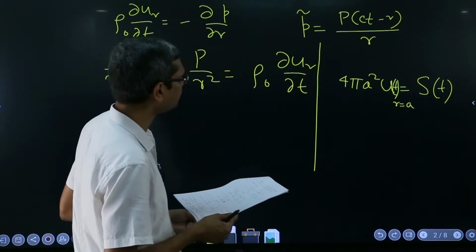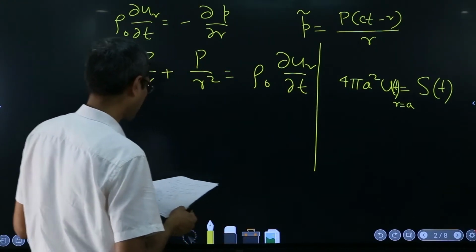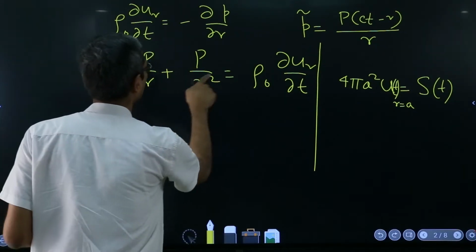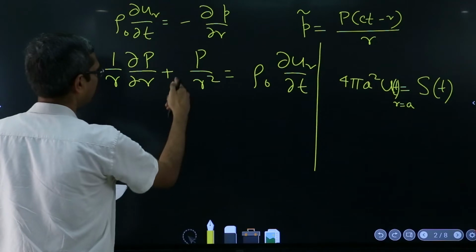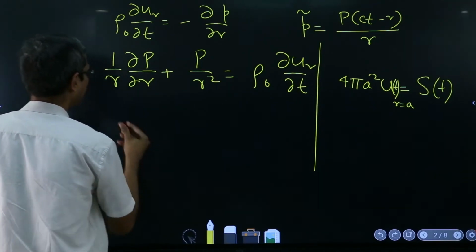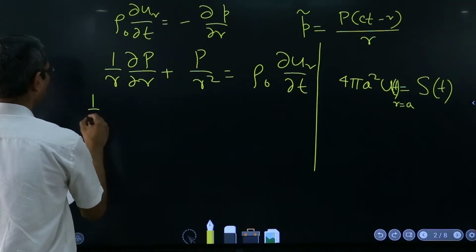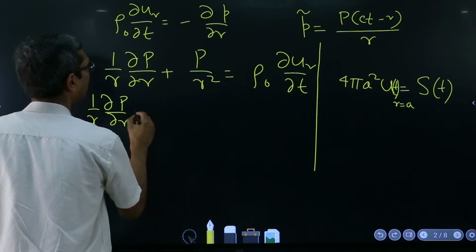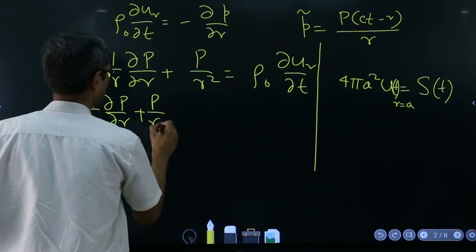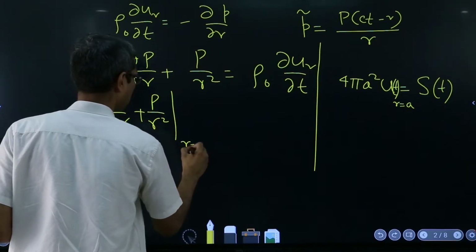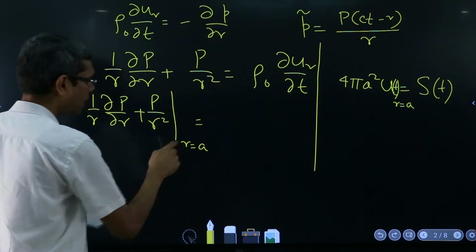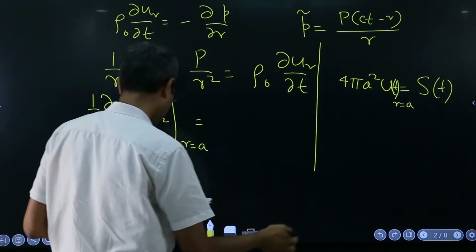And then now here let's say this expression we write it at r is equal to a. So 1 over r dp over dr plus p over r square, but we are supposed to be talking everything about that location on the surface.